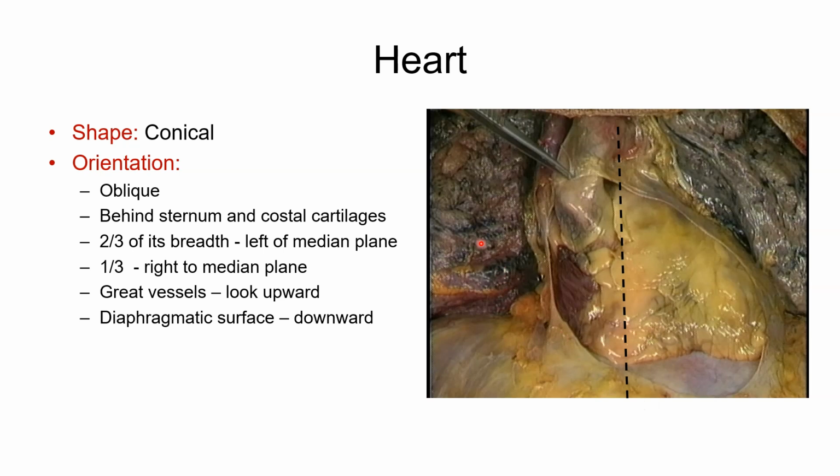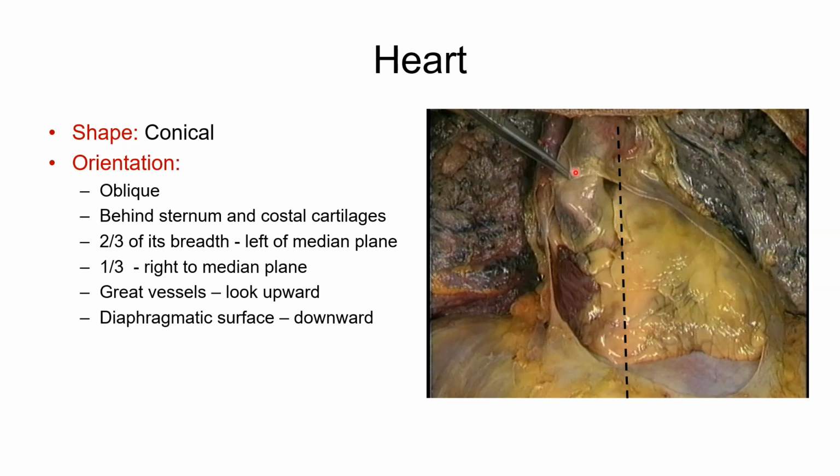The heart is conical in shape, and its orientation is oblique, and it is placed behind the sternum and costal cartilages. And if you draw a line in the midline, which you are seeing as the dotted line, two-thirds of the heart will be to the left of the median plane, and one-third is to the right of the median plane.